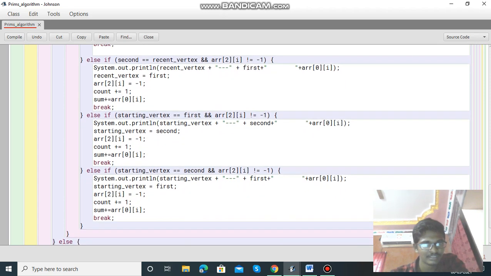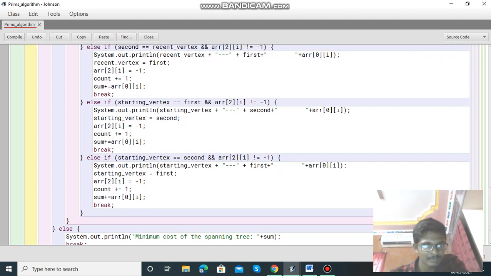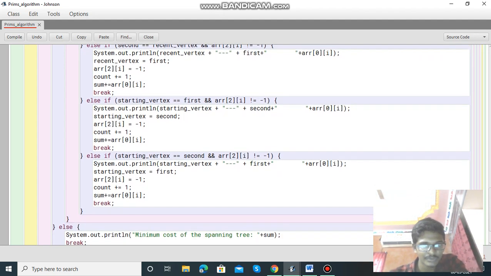Else if second equals recent vertex and array of 2 into i equals minus 1, System.out.println recent vertex plus first plus array of 0 into i, and recent vertex equal to first, array of 2 into i equal to minus 1, then count plus equals 1, sum plus equals array of 0 into i, then break. Repeat the same procedure two times.